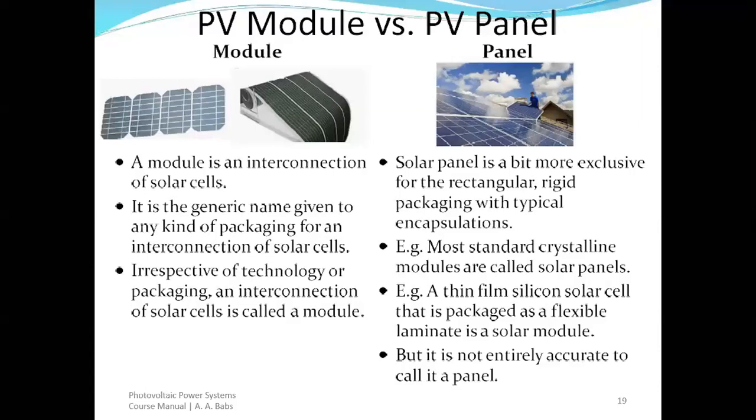A thin film that is flexible, with a flexible laminate, is called a solar module because it is flexible, it is not rigid. It doesn't come in a particular shape that cannot be remodeled, okay? So this is very important. You call a flexible packaging a module, and when you have a more rigid setting, you call them panels, okay? So we can move from solar cell to solar module to solar panel and then to solar PV array.